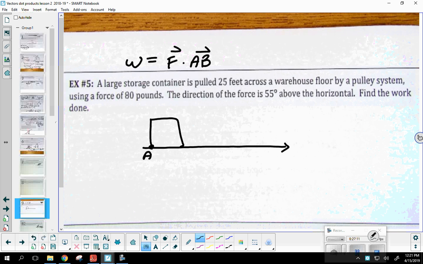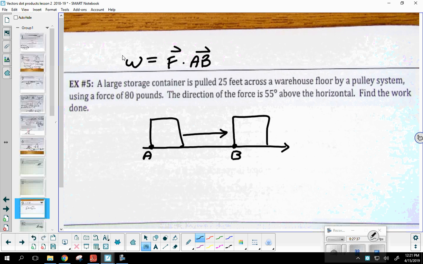One part of it I'm going to label A, and when I slide it along, I'm moving it a certain distance so that by the time I finish, point A is now at point B. I'm just sliding it across the floor. What we're trying to figure out is how much work am I actually doing by sliding the object across the floor.